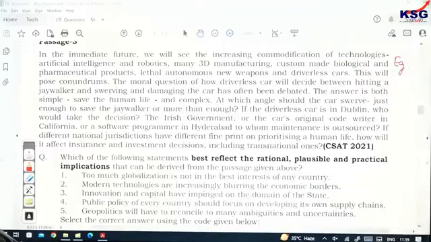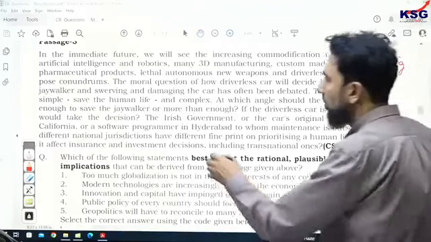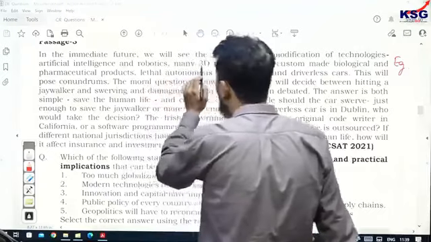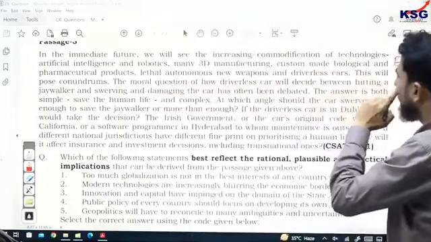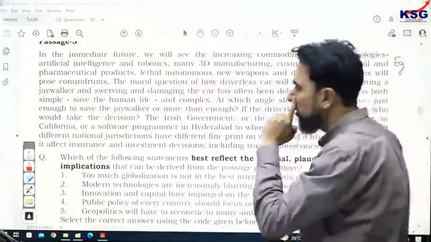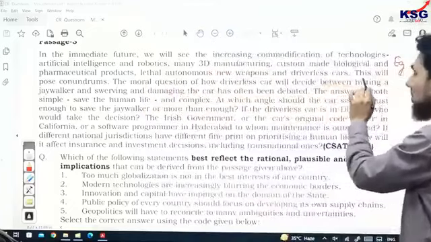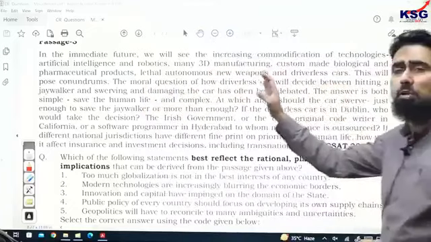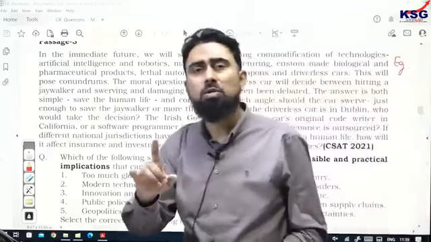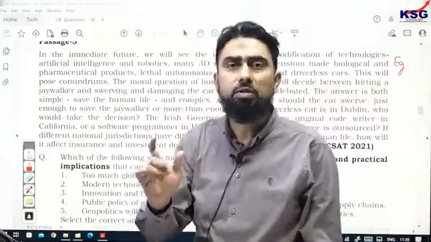The increasing commodification of technology, just like artificial intelligence and robotics, 3D manufacturing, custom-made biological and pharmaceutical products, lethal autonomous weapons, and driverless cars. So these are the examples. A reader must always notice the functional role of different sentences.